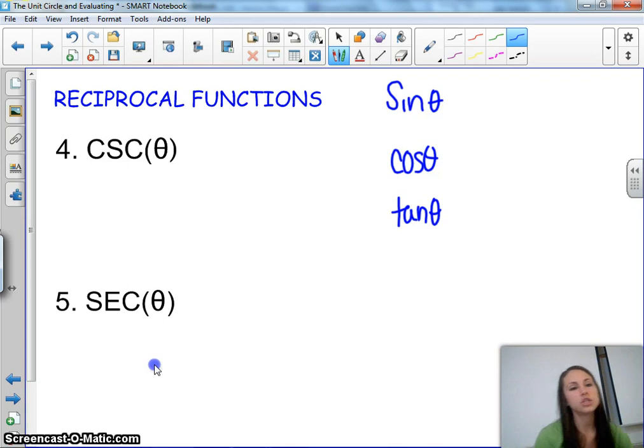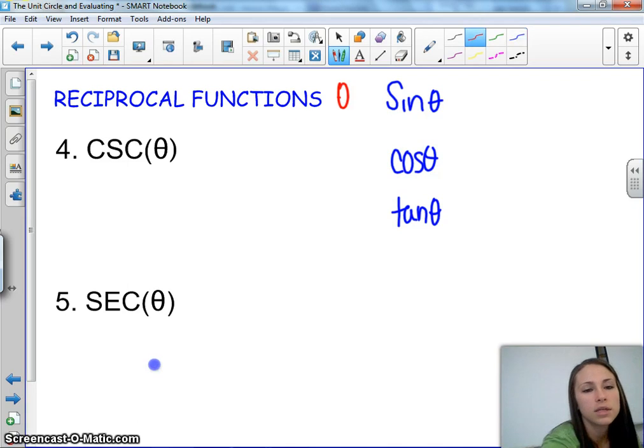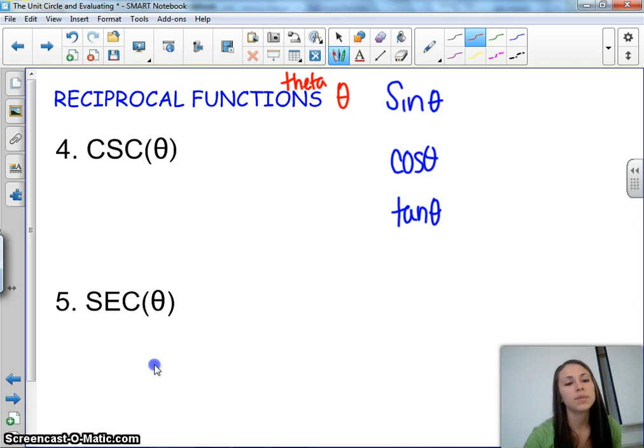By the way, in case you didn't know, this little theta symbol is just a variable that you'll see used a lot to represent an angle. It's a Greek letter, like you've heard of sororities and fraternities with sigma, alpha, theta, beta. Anyways, it's one of those Greek letters that are used real often for angles. So you'll see me use that a lot.